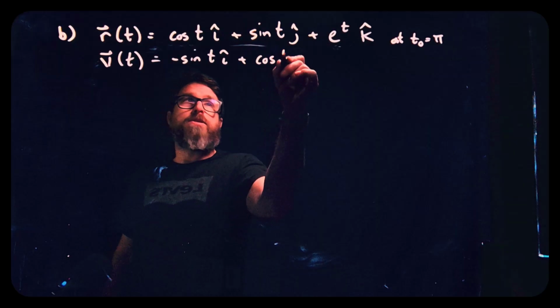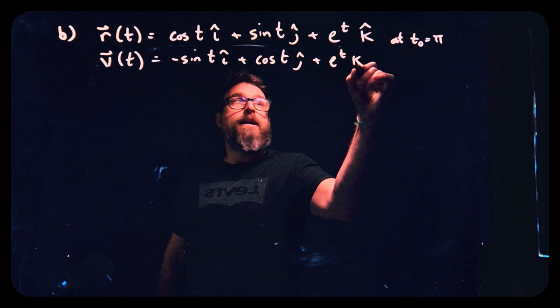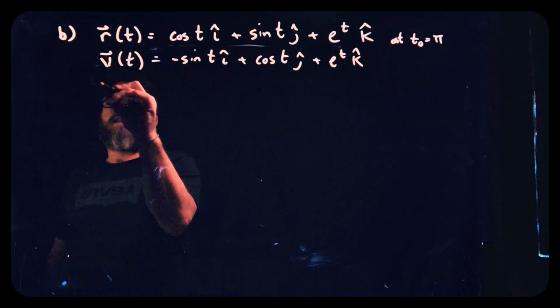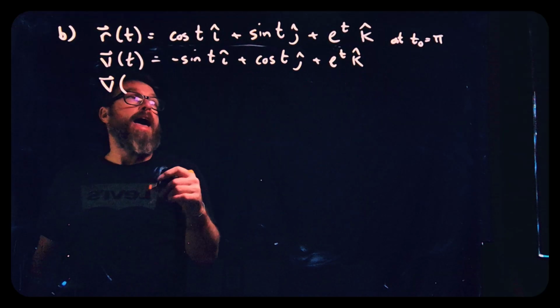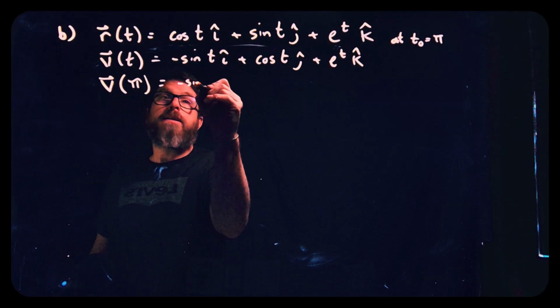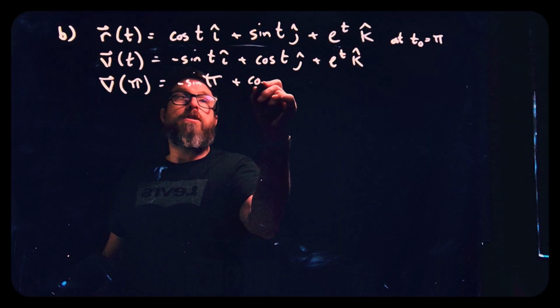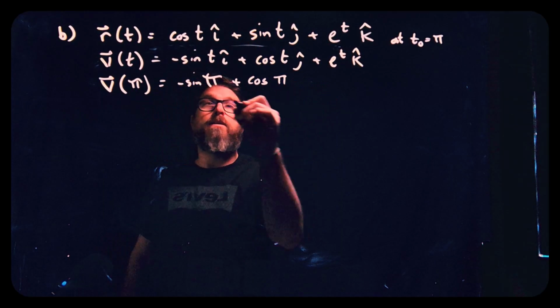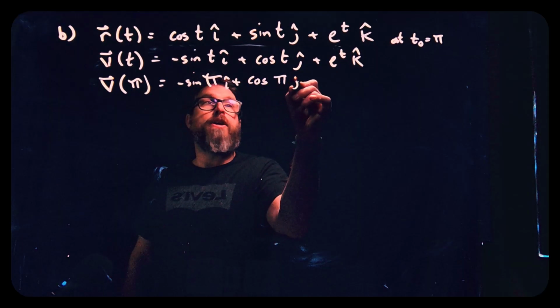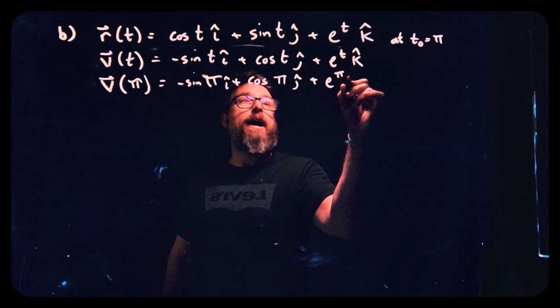The derivative of sine is going to be cosine of t j. The derivative of e to the t is going to be equal to e to the t k. Now, that means our velocity at pi is going to be equal to minus the sine of pi i, plus the cosine of pi j, oh, I need to have an i here and a j here to say what component I'm in, and then plus e to the pi k.